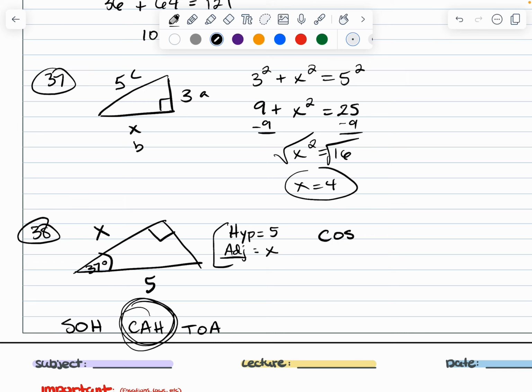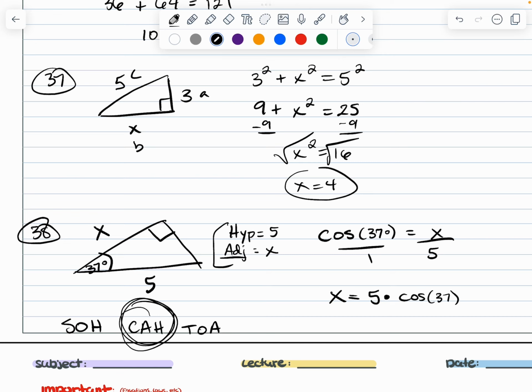So you're going to have to set this up as the cosine of 37 degrees equals A, which is x, over H, which is 5. We cross multiply. X is on the top, so all we've got to do is 5 times the cosine of 37 degrees.